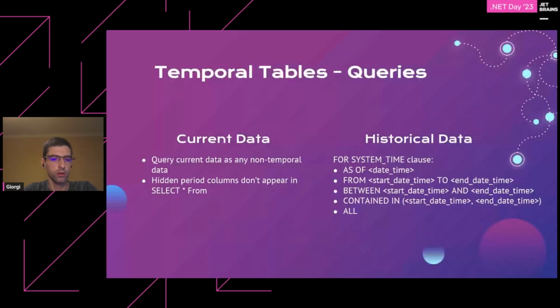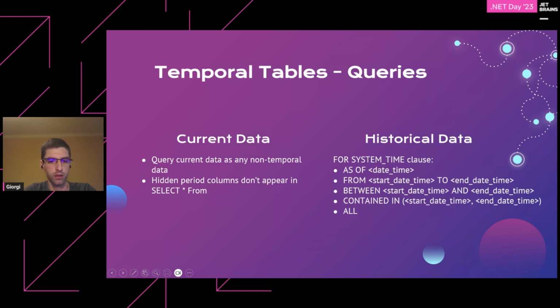So how do you query the temporal table? For current data, you just query it the same way that you query any other table in SQL Server. And for historical data, you query it with the additional FOR SYSTEM_TIME clause, and SQL Server gives us the option to query the historical data in different ways.